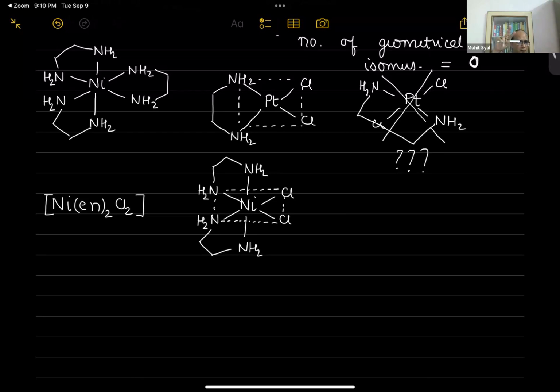You can see the two chlorine are on the same side. Okay. And now we can draw the trans isomer. Better draw the two chlorine in the opposite direction at 180 degrees. But be careful while attaching these NH2. We know that we can't attach the NH2 in a trans manner. So this is one ligand, and both the NH2s are connected on the same side, and this is another.